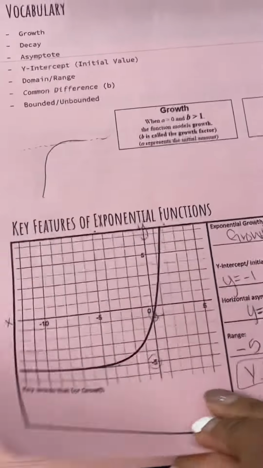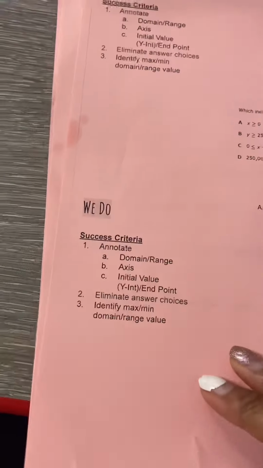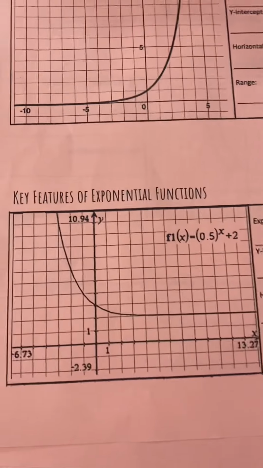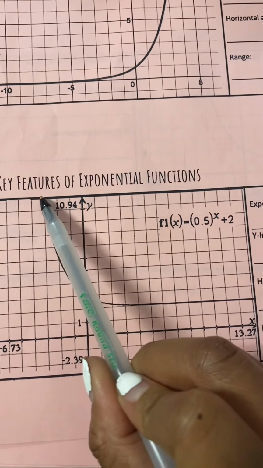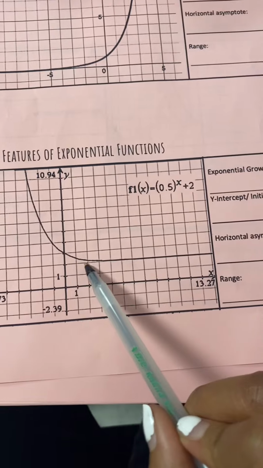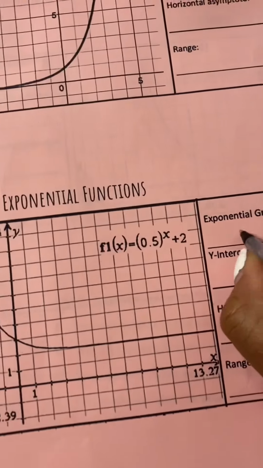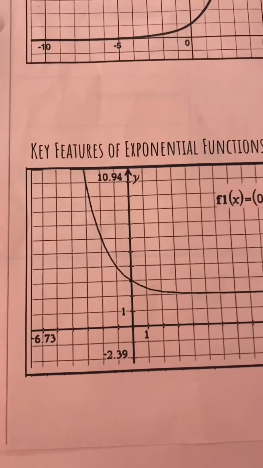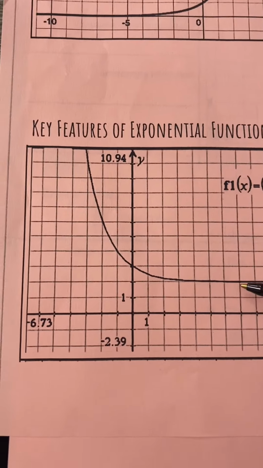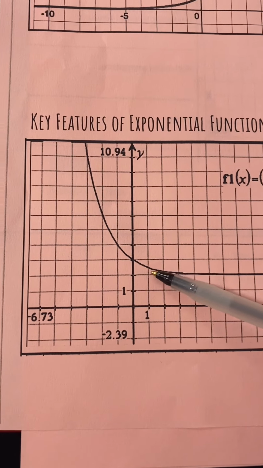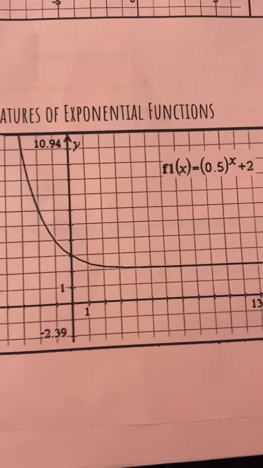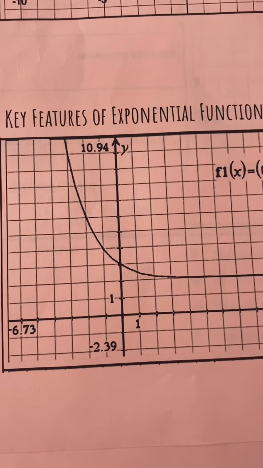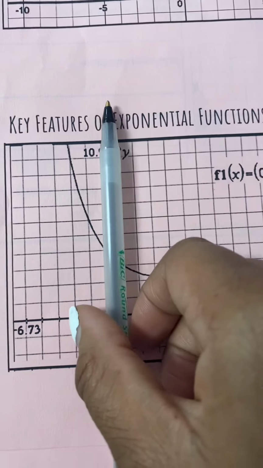Let's do a couple more quick ones here. So this one, again, we read from left to right, right? From left to right, is this curve going up or down? Exactly, it's going down. So it's exponential decay. Your y-intercept is where the curve crosses your y-axis, this axis right here.